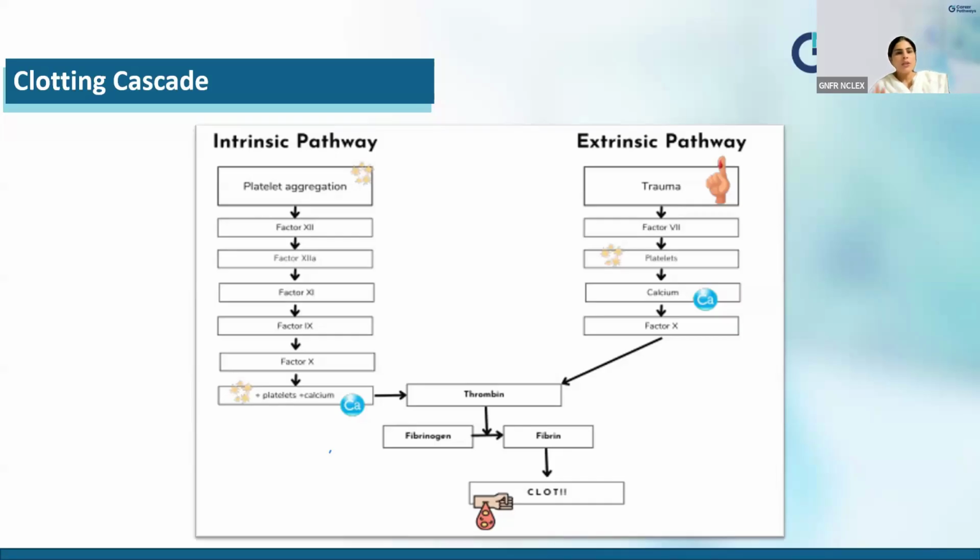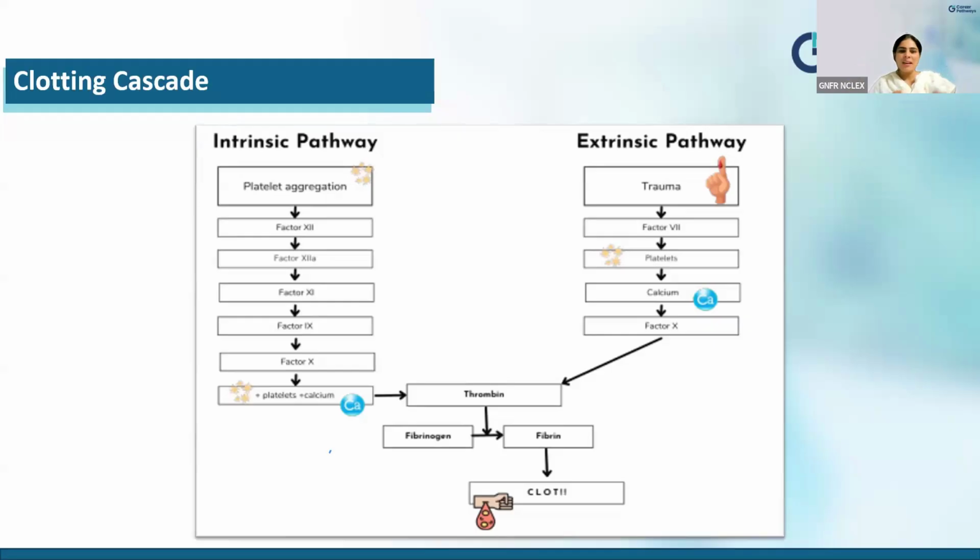So what happens, you can see, Kavita, factor 10, platelets and calcium work together. In the presence of platelets and calcium, factor 10 works, and then they stimulate thrombin. We always forget the upper factors, but this last one we always remember.